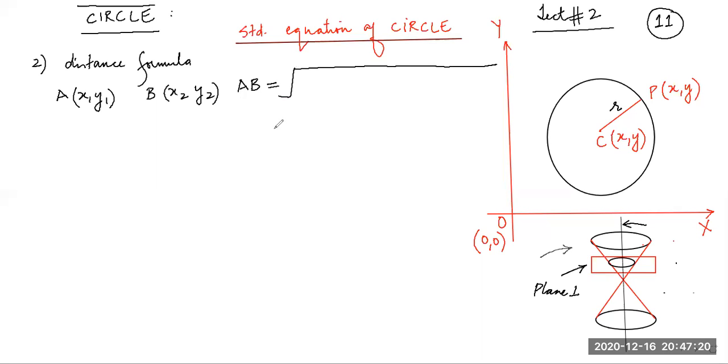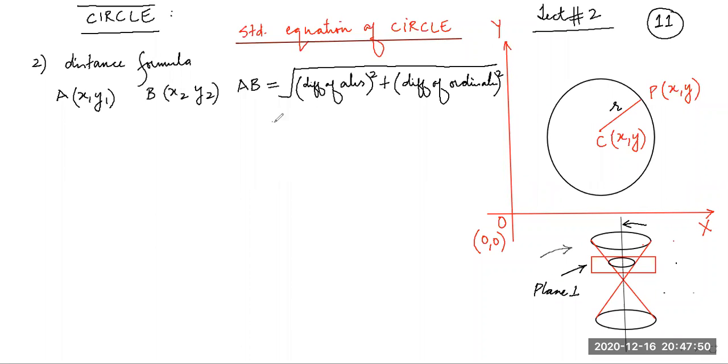Students, do you remember the distance formula? If A and B have these coordinates, it will be the difference of abscissa whole square, plus the difference of ordinates whole square.